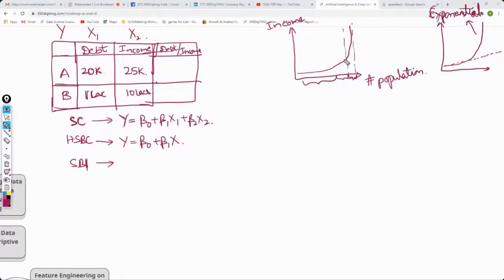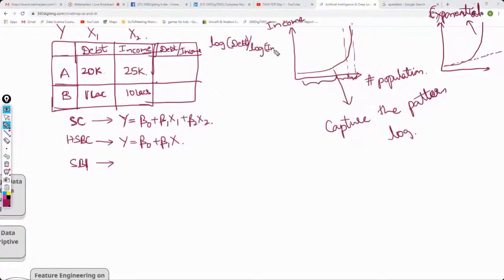Okay. If you have exponential data, you can capture the pattern of exponential data. You usually capture the patterns of exponential data using log. So what you do is come up with another variable which is log of debt divided by log of income, and you start treating this as a new variable.